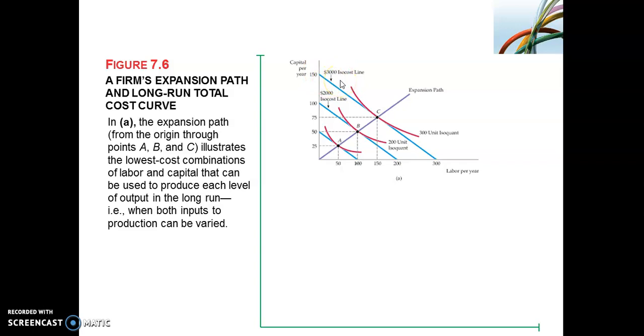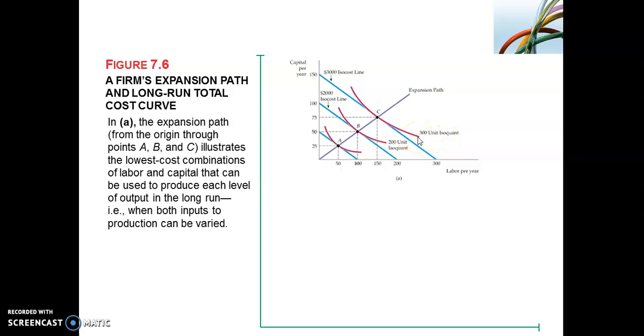So, having a look at the information that we are given, we can see that points A, B, and C are the cost minimizing points. That is the points of tangency for each isocost and isoquant curve, respectively. So let's say we look at our third isocost and isoquant line to produce an output of 300 units given by this isoquant line.